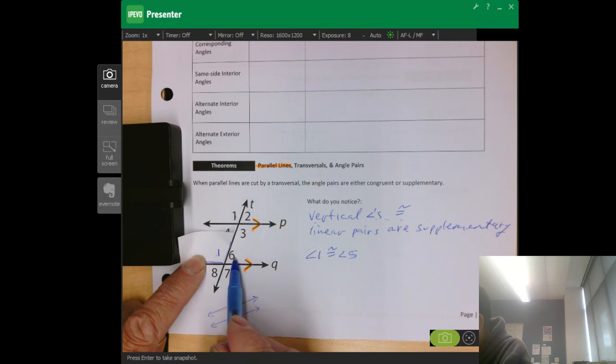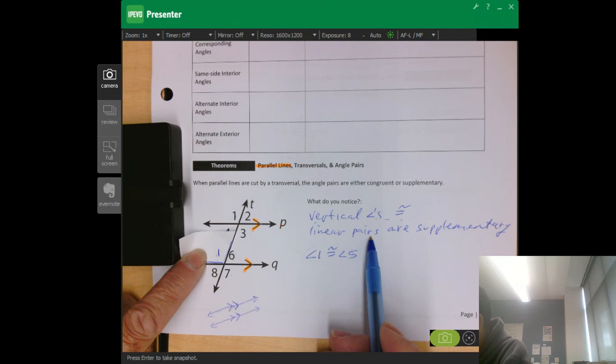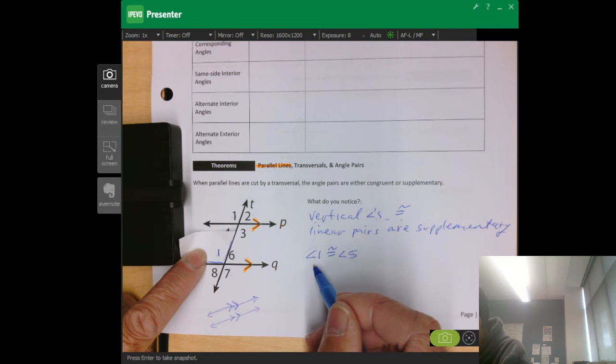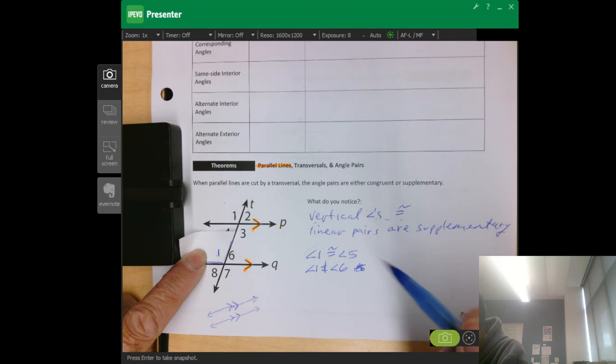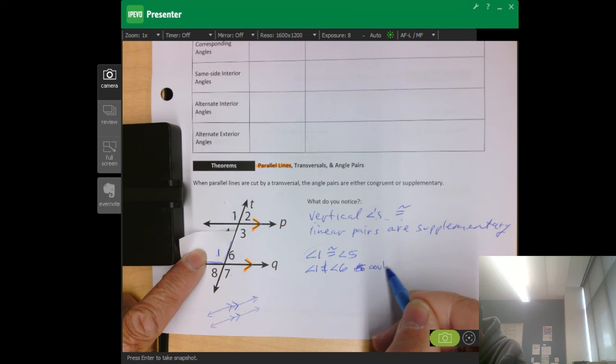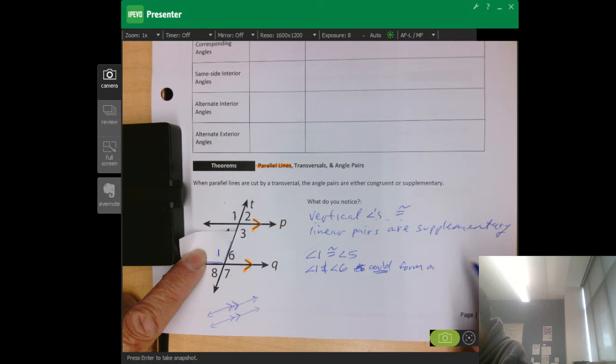Now what about angle 1 and angle 6? Now that looks an awful lot to me like a linear pair. So angle 1 and angle 6, they don't form a linear pair because they're not touching, but if we put them together, I could say that they could form a linear pair.